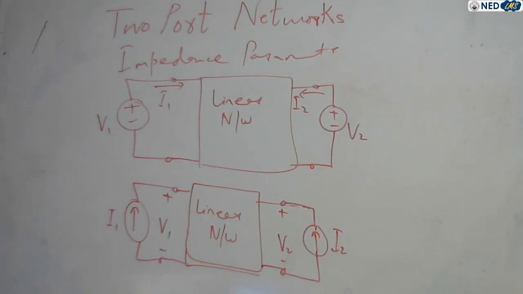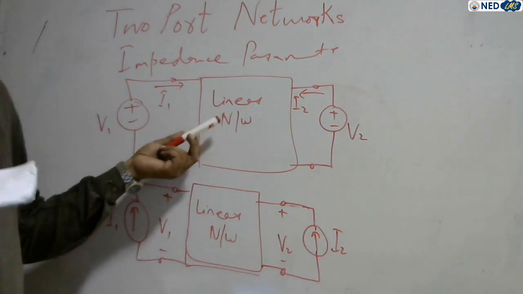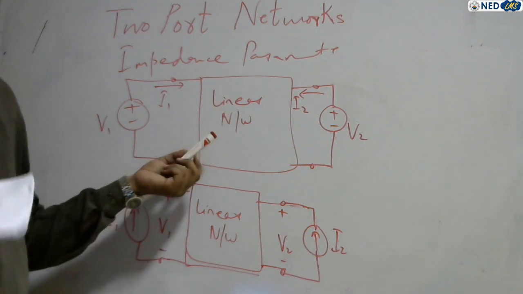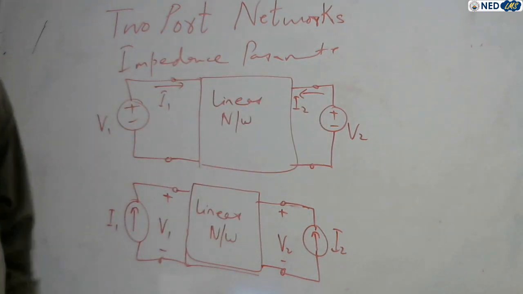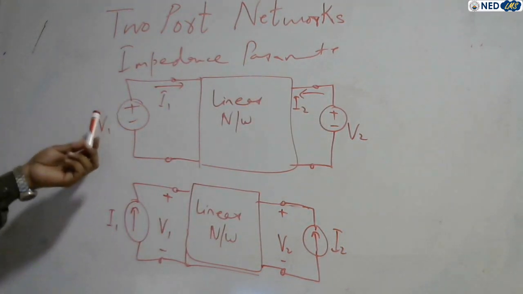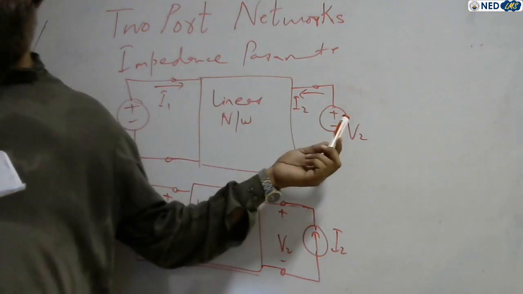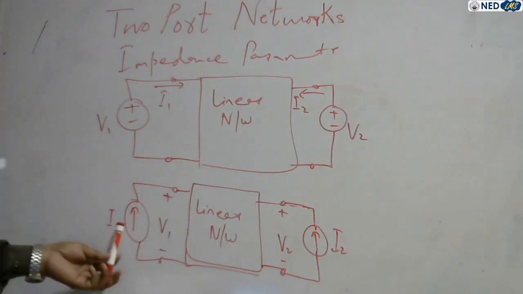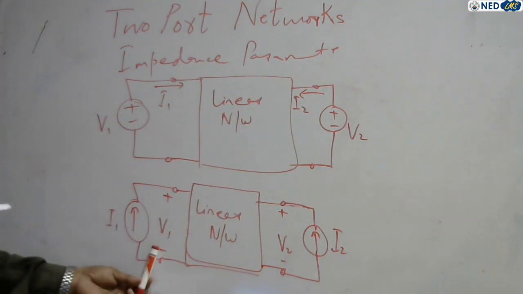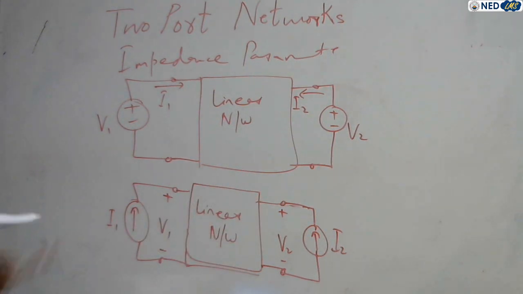Generalized, a linear network means a network where passive elements, maybe resistance, inductance, or capacitance, are connected at input terminals and at output terminals, and they may be connected through a voltage source V1 driving current I1, and also a voltage source V2 driving current I2, or they may be connected through a current source. The voltage drop is V1 across the input terminals. The voltage drop is V2 across the output terminals. So this is a generalized form of a two-port network.